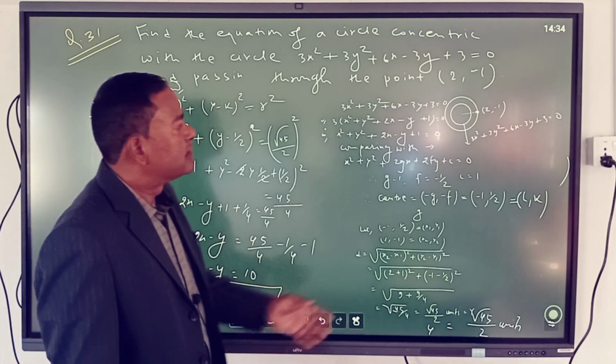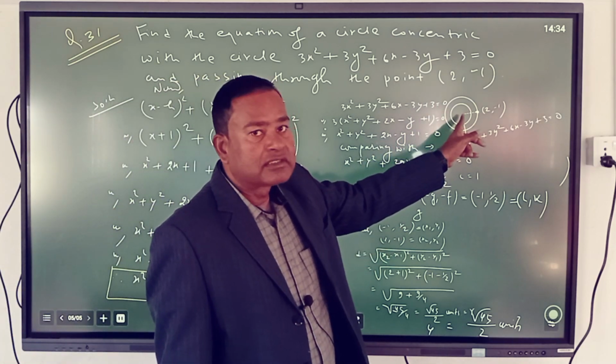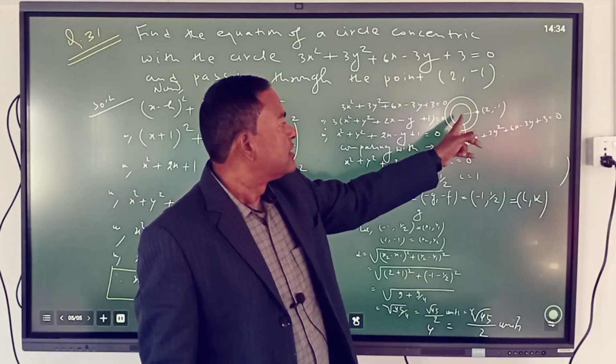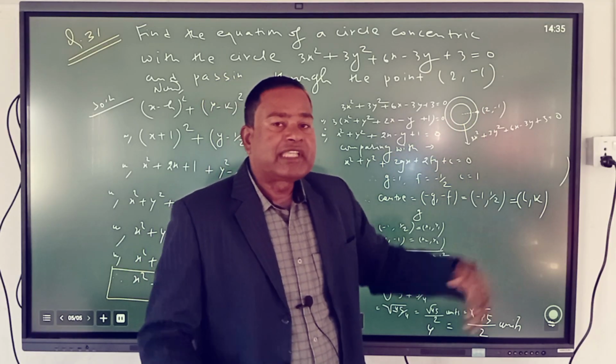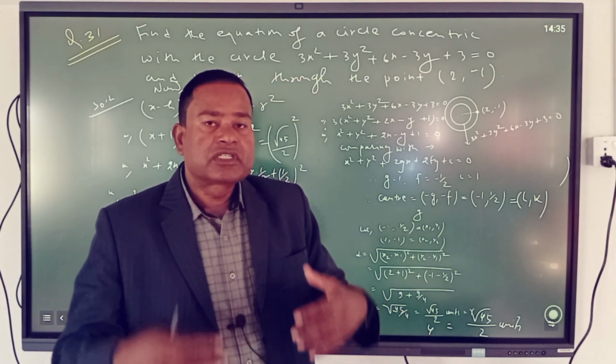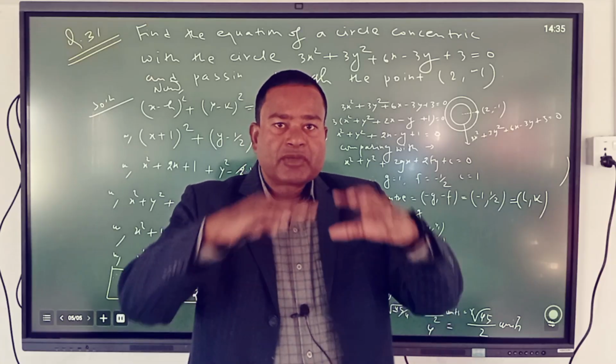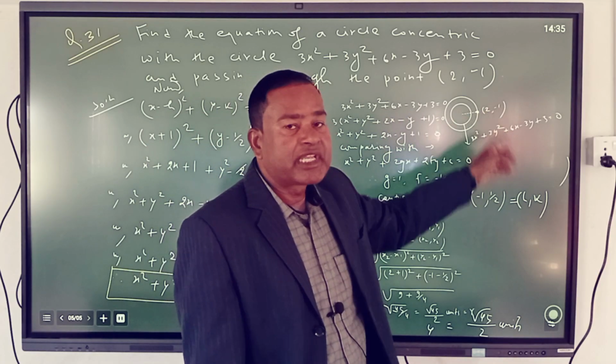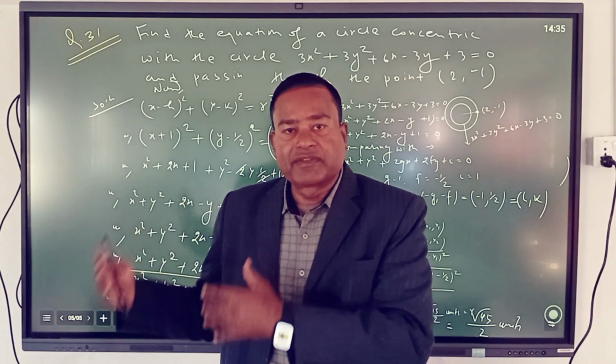Dear students, after finding the center of concentric circles, next we find the radius, because we have to find the equation of a circle passing through the point 2, minus 1 and concentric with the given circle.